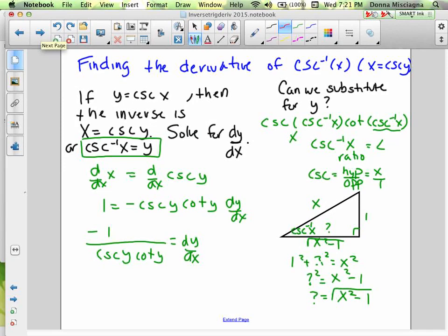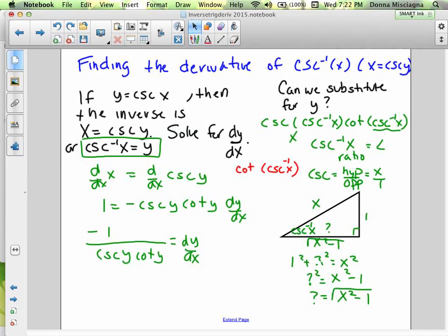All right, we know what cosecant is, but we want cotangent, right? So where are we going to squeeze it in? Right here maybe. We're taking the cotangent of an angle. Our angle happens to be arc cosecant x. But what is cotangent? Cotangent is the adjacent over the opposite.